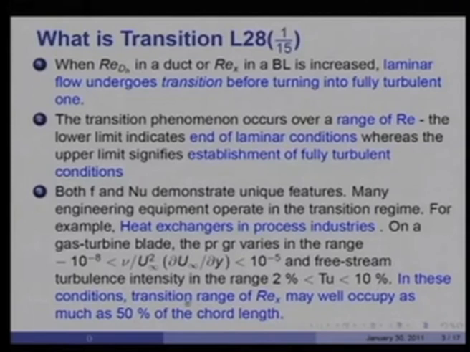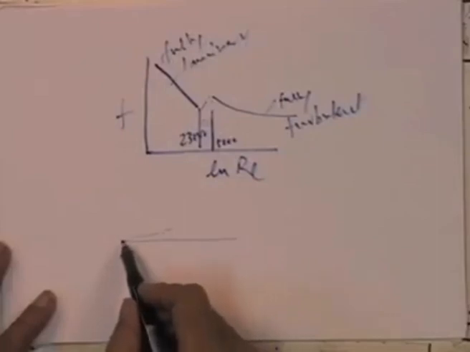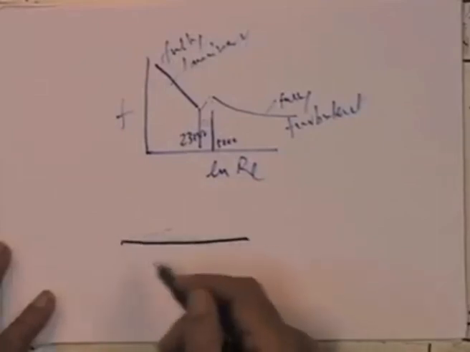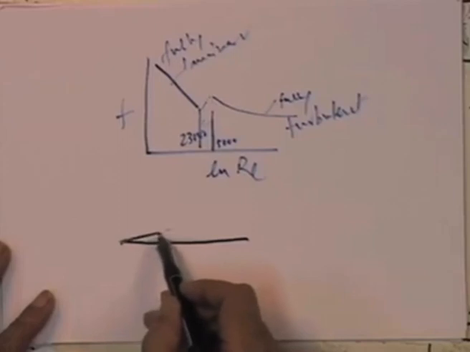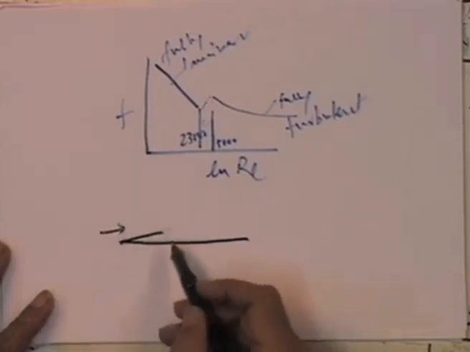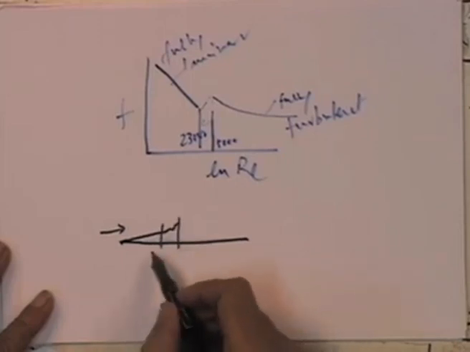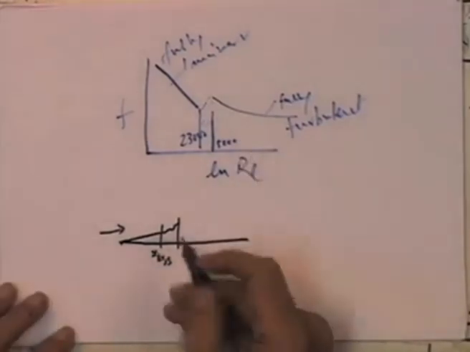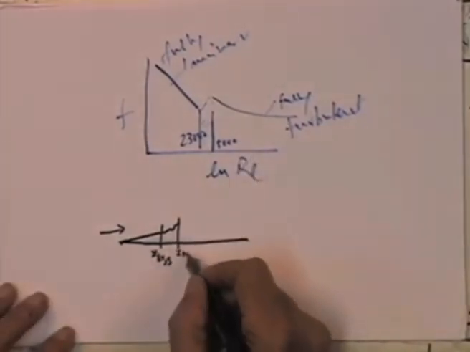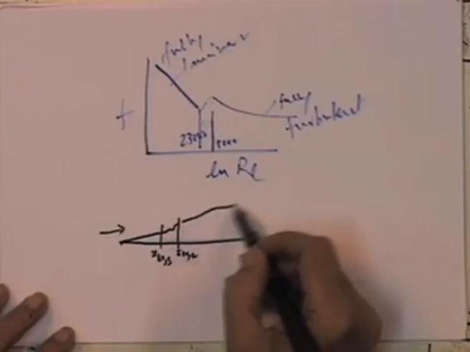Now, in these conditions, transitional range of Re x may well occupy as much as 50% of the chord of the blade. What is meant here is, for example, in a flat plate, initially you will get laminar flow, and then a small transitional regime with x transition, and then you will get a turbulent boundary layer.